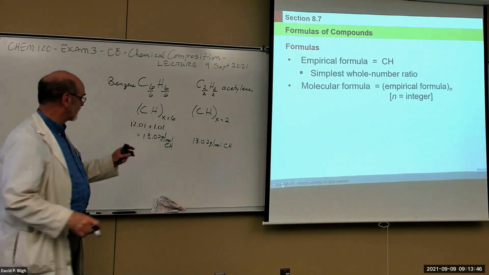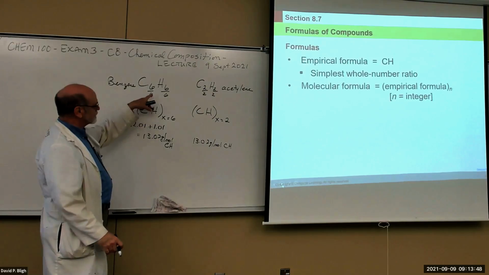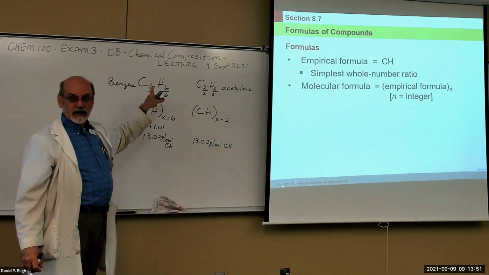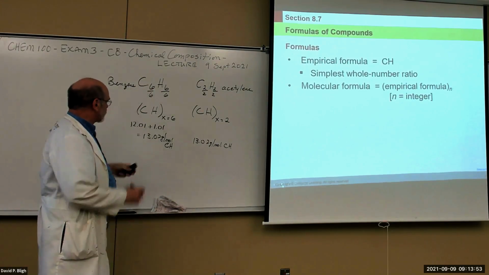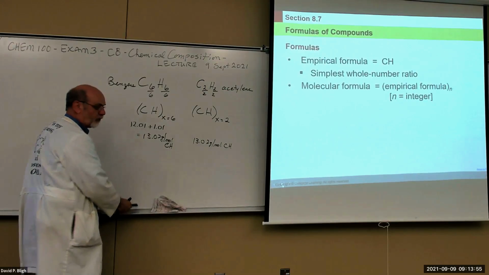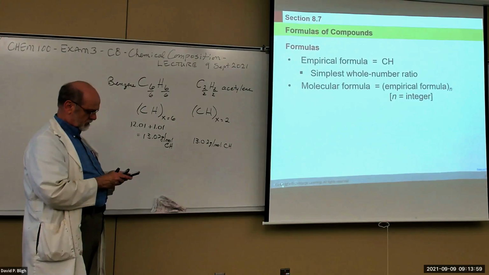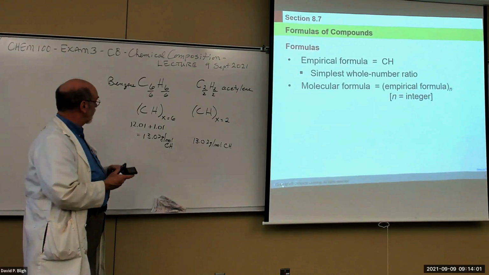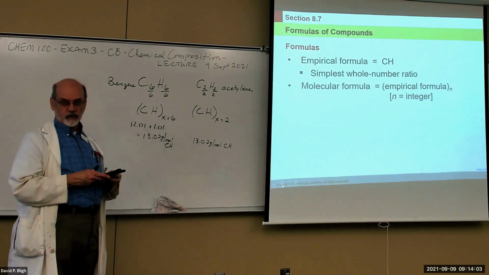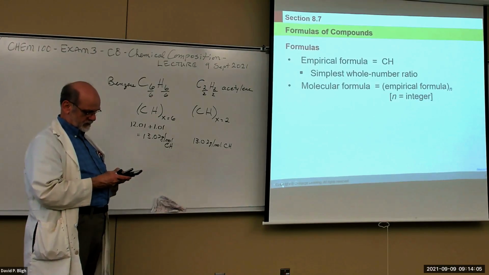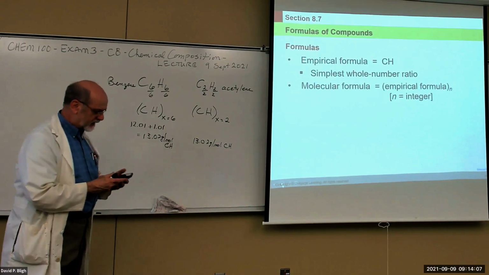Okay? So, but what's the mass of the actual molecule? Well, 6 times 12.01 for benzene, and then plus 6 times 1.01. So that's 78.12.